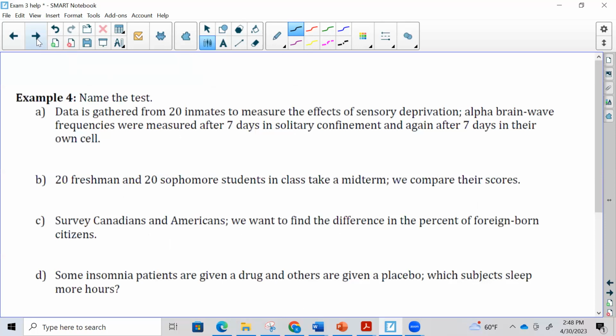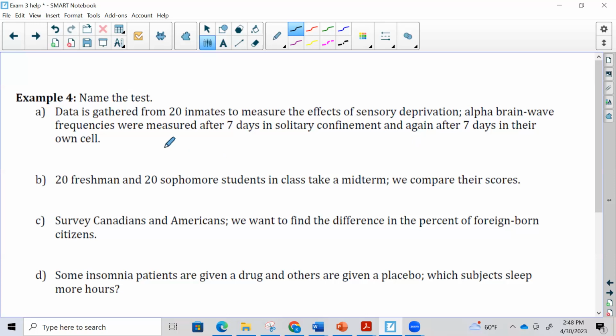Okay, so we're going to look at a few situations, and you are going to be asked to name the test. And this will also happen on exam 3. So example 4, name the test, part A, says data is gathered from 20 inmates to measure the effects of sensory deprivation.